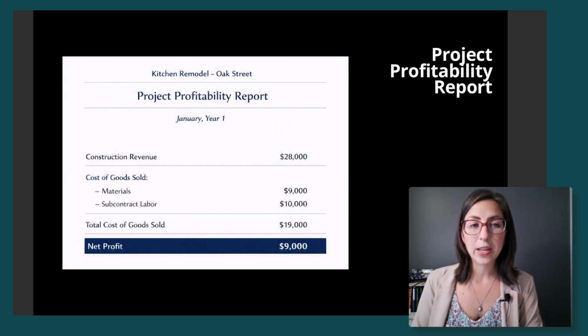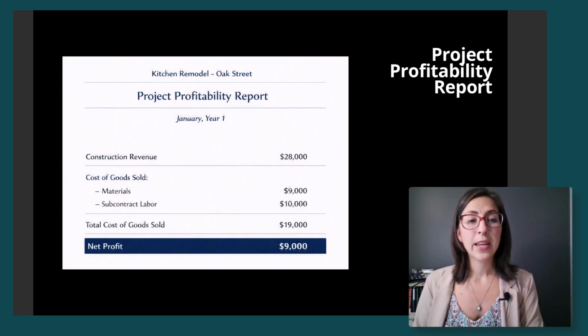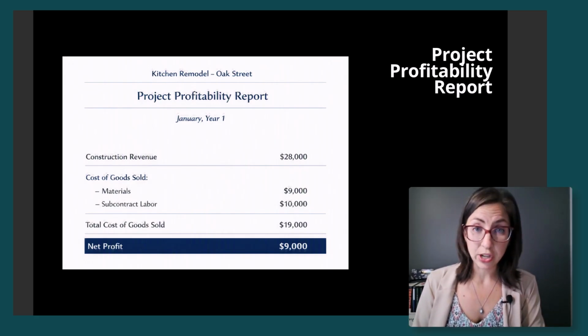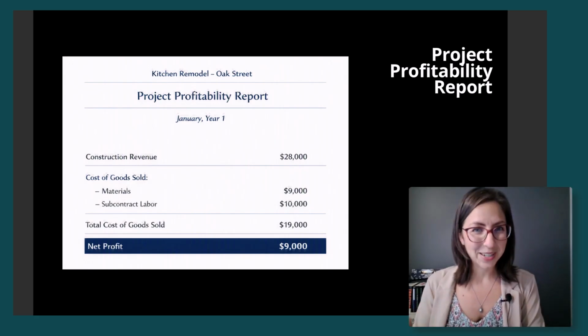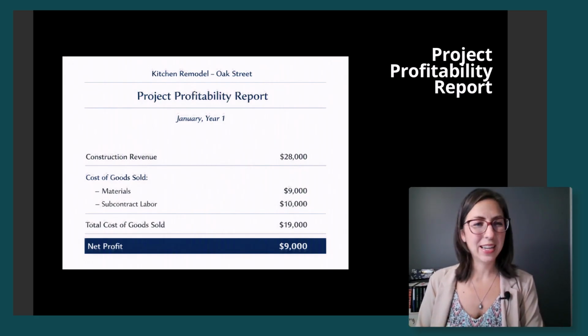So here we've got a quick example where we're going to say we've got a construction company here, and they're doing a kitchen remodel project. So say these are fairly new for them. They've correctly bucketed and correctly posted everything for this one job. So all of the income that they've billed so far, their construction revenue for this remodel, is in the right place, and they have all their costs.